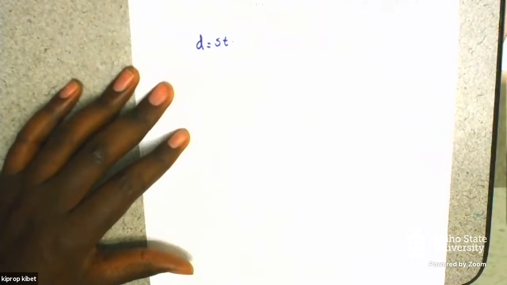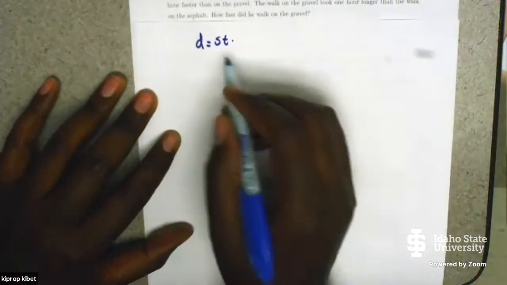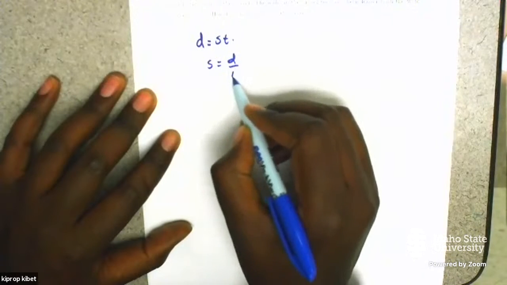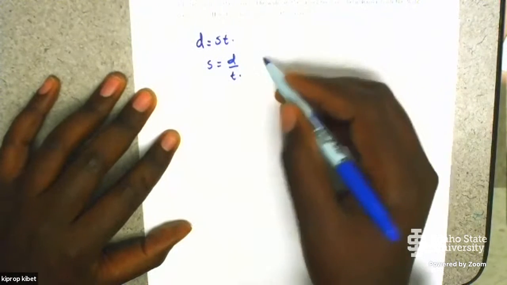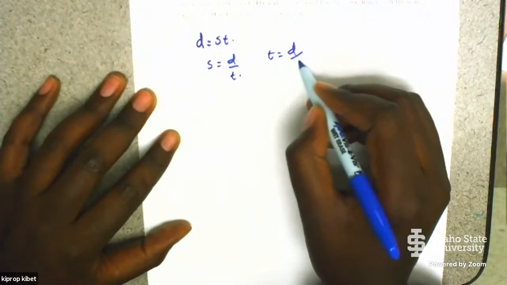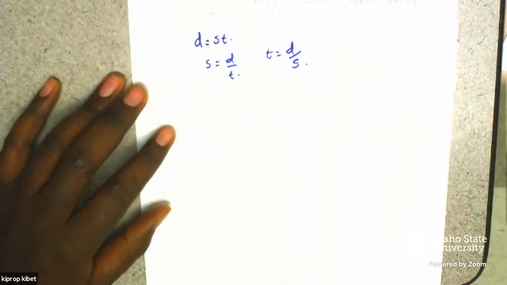Time, right? And then if you want to get the speed, then speed equals to distance over time. If you want to get the time, then time equals to distance all over speed. So you need to remember those.